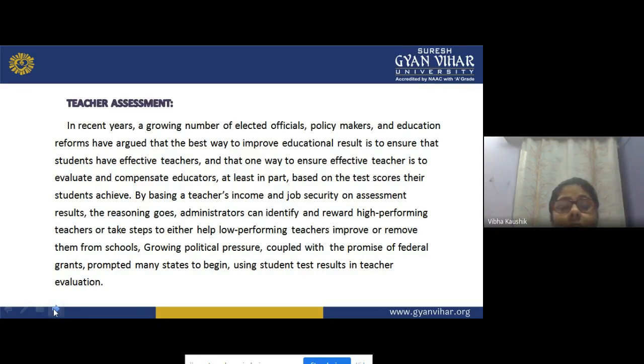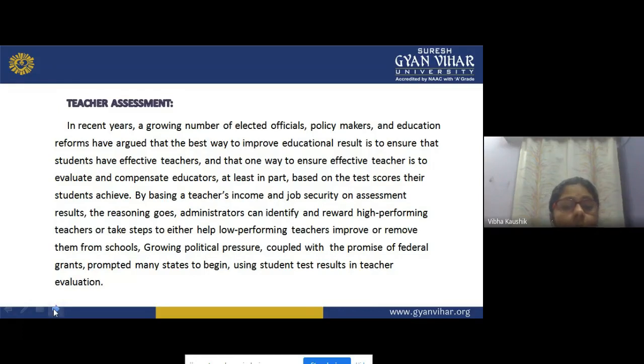Administrators, the school management or the college management, have to identify the teachers who are performing well in the teaching learning process, and we can reward them for the efforts they are making, and reward high performing teachers or take steps to help low performing teachers. High performing teachers are those whose teaching learning process is very effective and efficient.